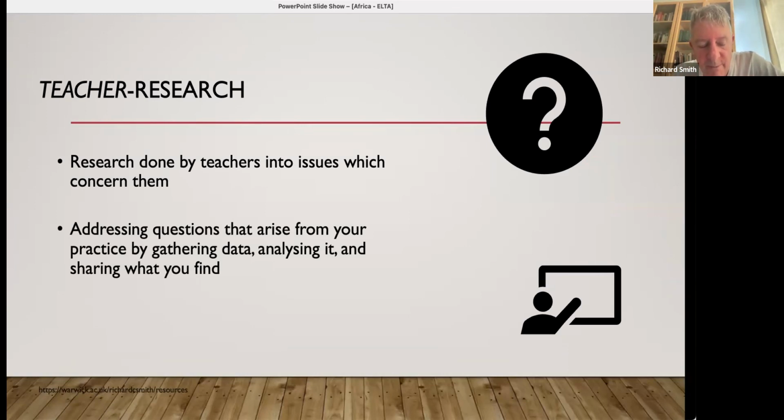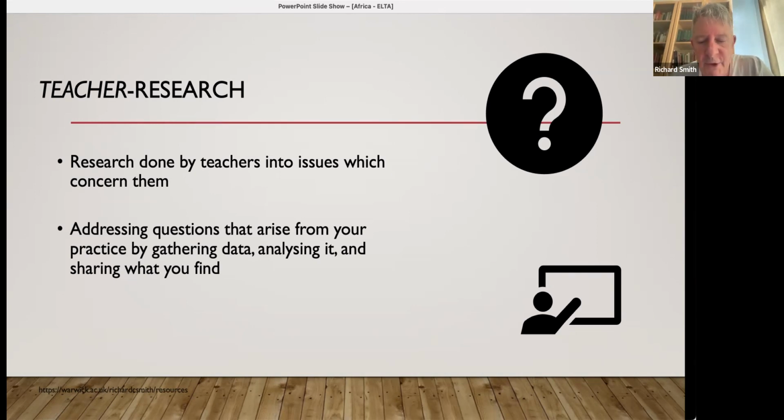I suppose we're presenting this as something practical and useful for you, not as something that you have to do for a university degree. This is something that teachers have found can be quite useful and practical in their classrooms as a way to understand what they are doing, understand issues, sometimes address problems that they are facing.